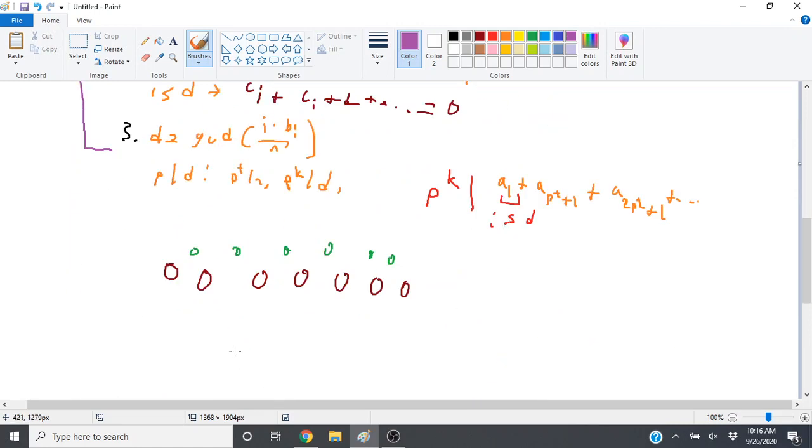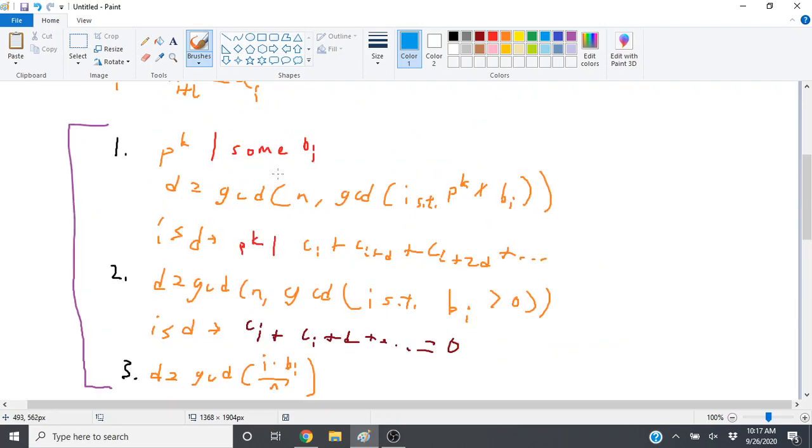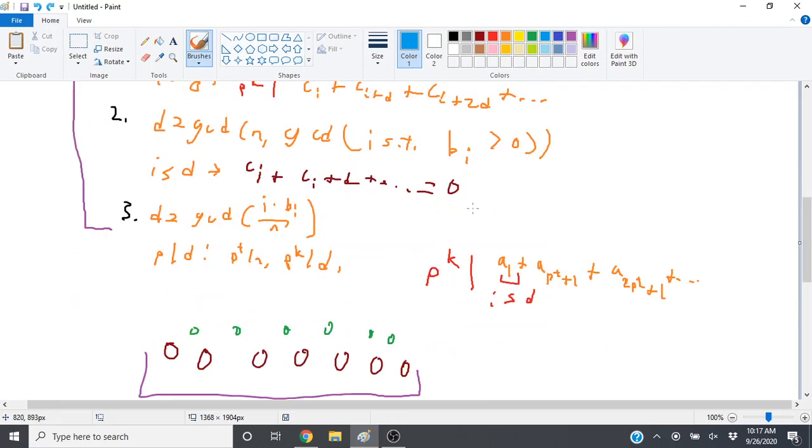Which means that if an array is valid, then these conditions will be true for the array of zeros, which is kind of obvious, because 0 is divisible by anything, and the sum of a bunch of zeros is 0. So it's automatically satisfied for all ai equals 0, which implies all ci equals 0.